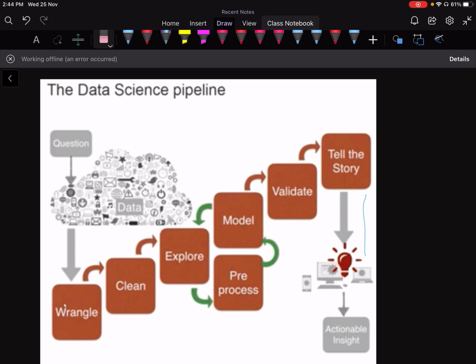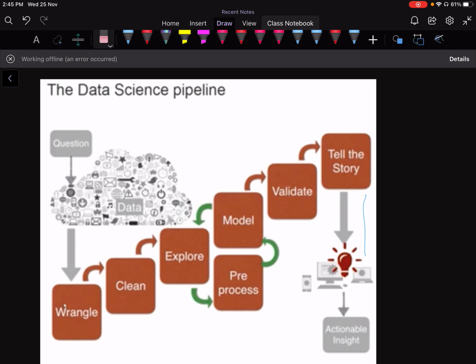And if you want to predict something, you need to have past historical data, and that historical data has to be given as an input to the system, and the system has to write its own algorithm using machine learning techniques, right? So you are not going to write the steps of how to convert from the input to the output. The system is going to find it on its own. So that is called model building, right?